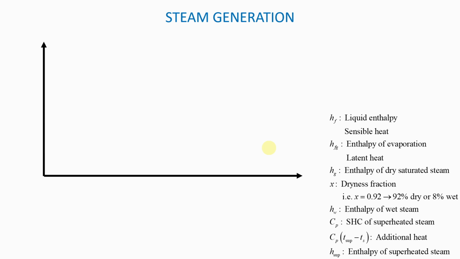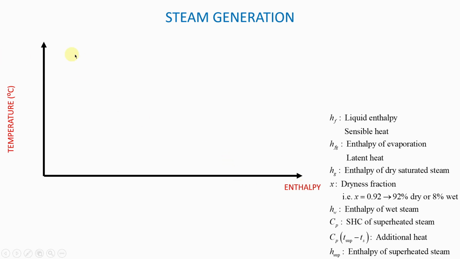First, let us begin with a graph that plots temperature versus enthalpy. On the x-axis, we will have enthalpy. And on the y-axis, we have the temperature in Celsius degrees. Very important to specify that.